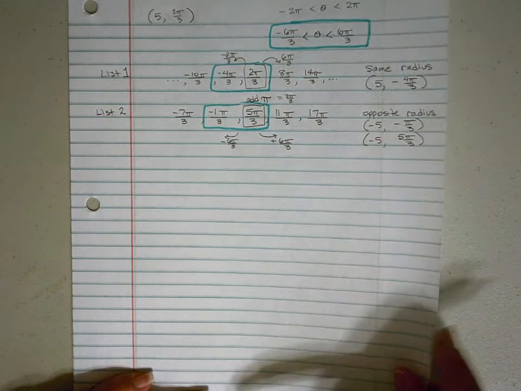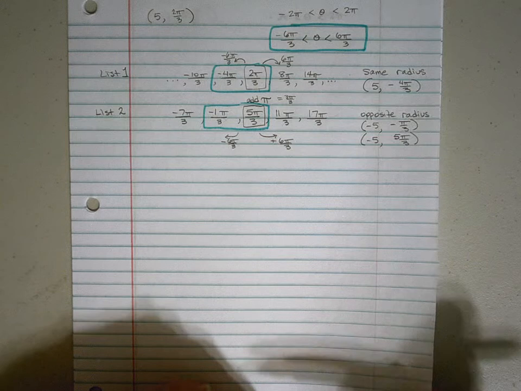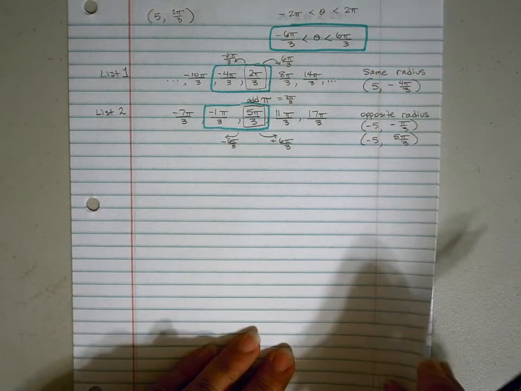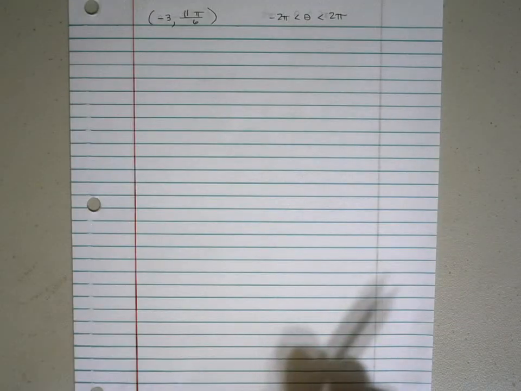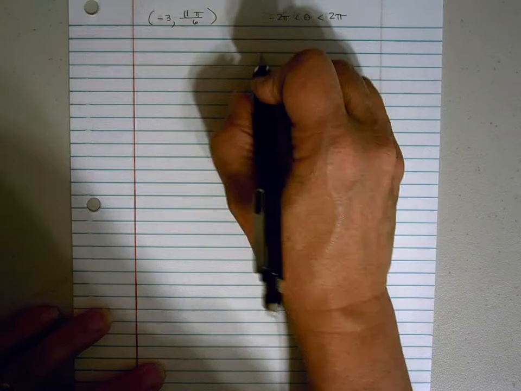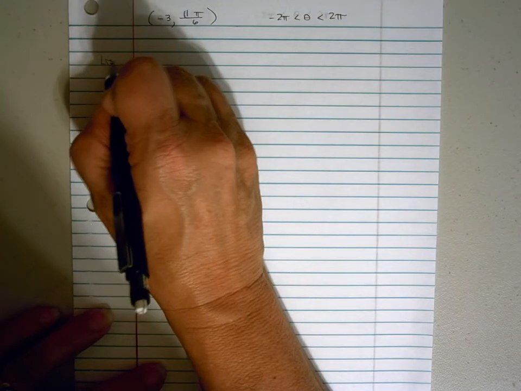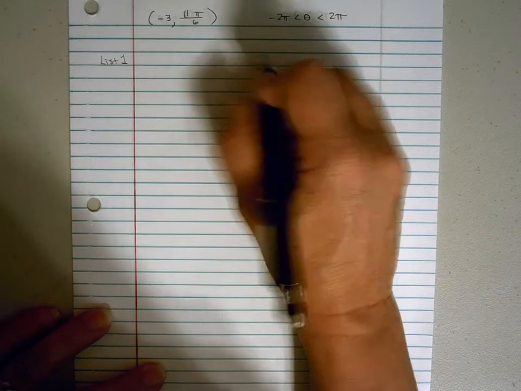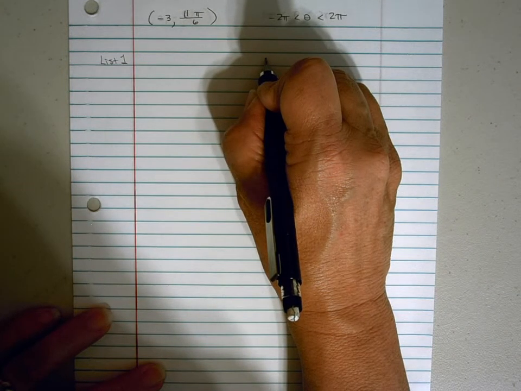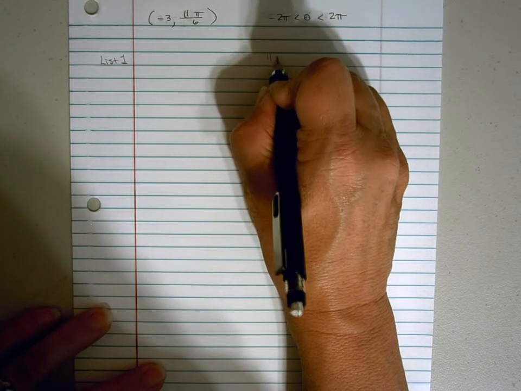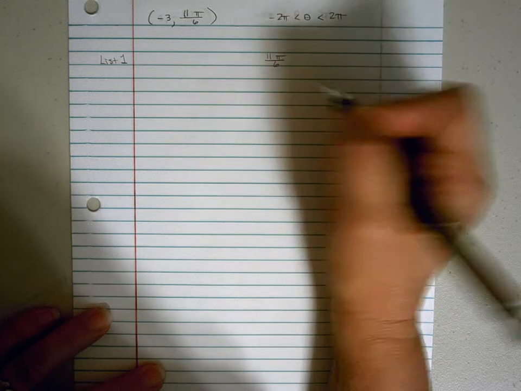So we'll try that again with a different angle and a different quadrant. So the plan is to go ahead and make two lists. List 1 is going to contain my original angle, so I have 11 pi over 6.